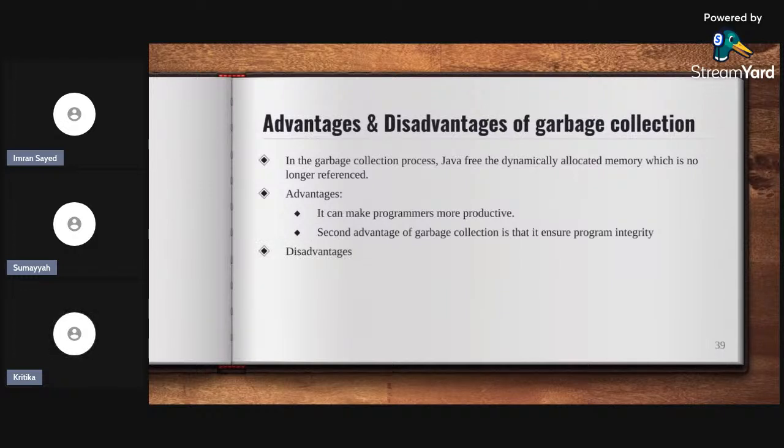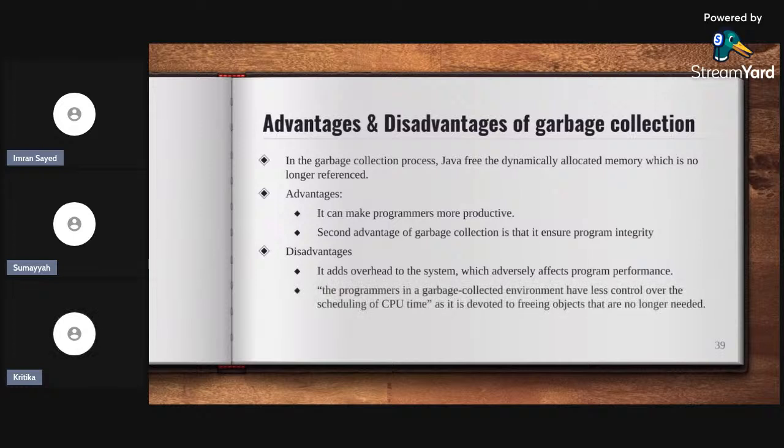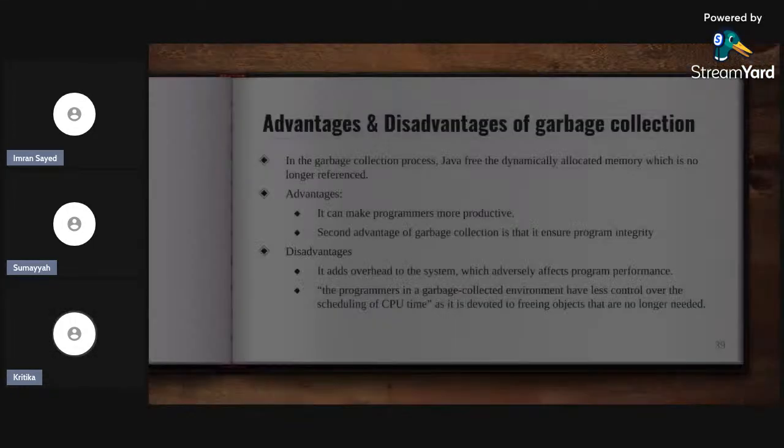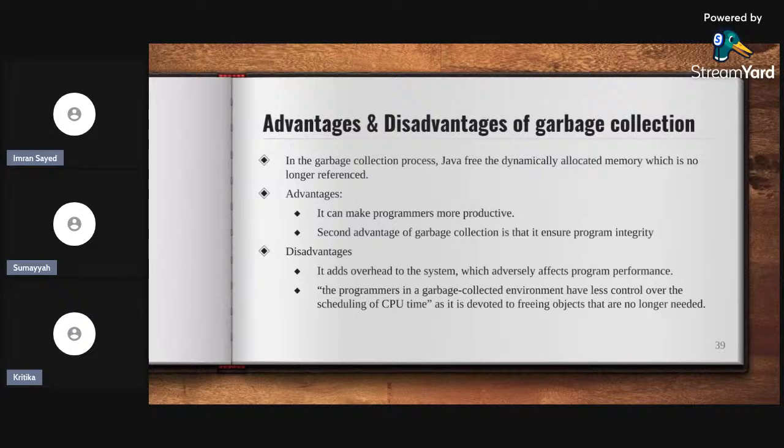Disadvantages: it adds overhead to the system, which adversely affects program performance. The programmers in a garbage collected environment have less control over the scheduling of CPU time, as it is devoted to freeing objects that are no longer needed.